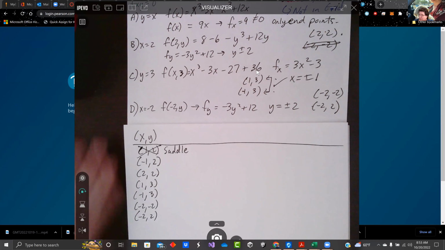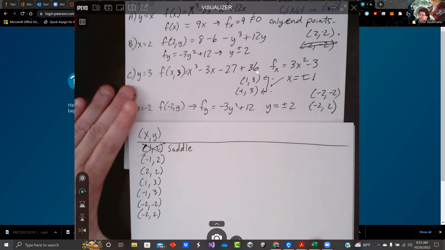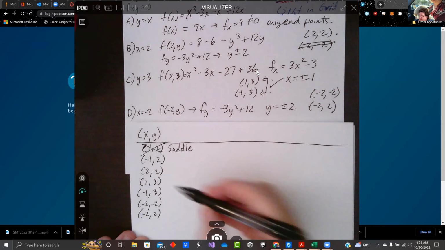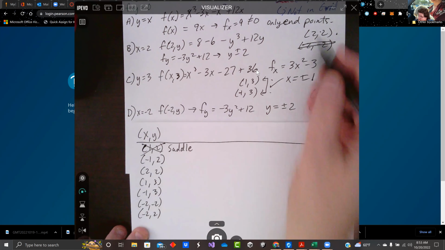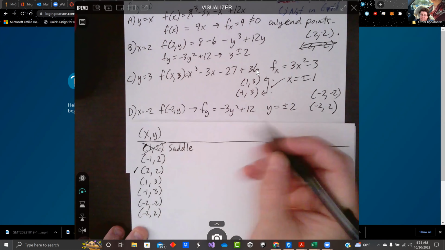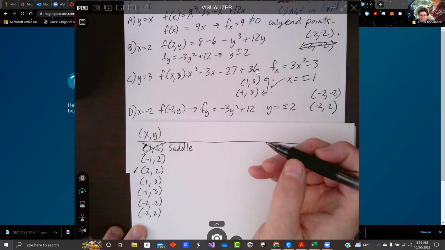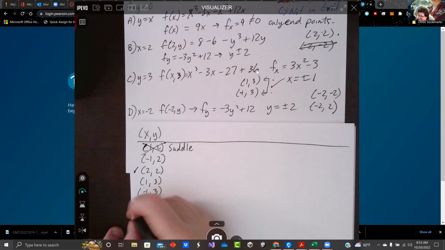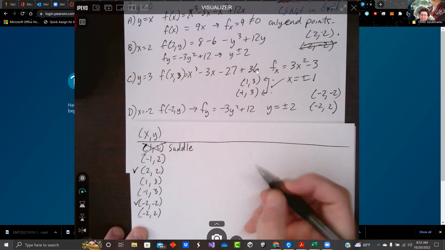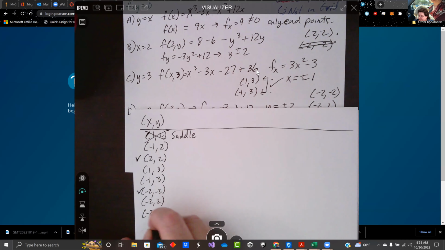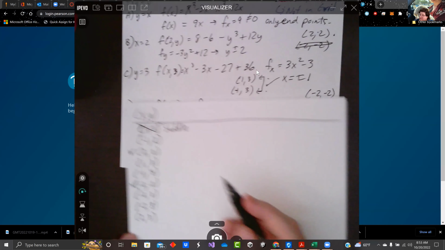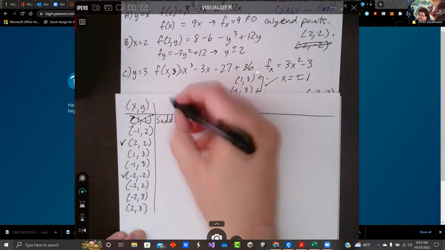Am I missing any points on the corners? (2, 2) is a corner point, or vertex is a better way to call it. That's a vertex. That's a vertex. I'm missing (-2, 3) and (2, 3). So I'm going to plug these into f of x, y.